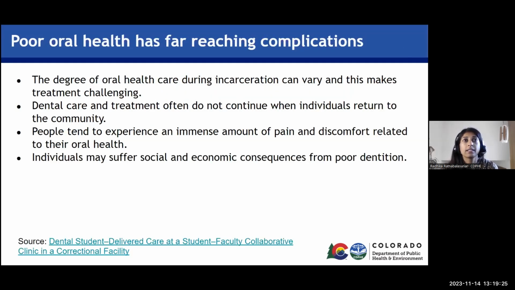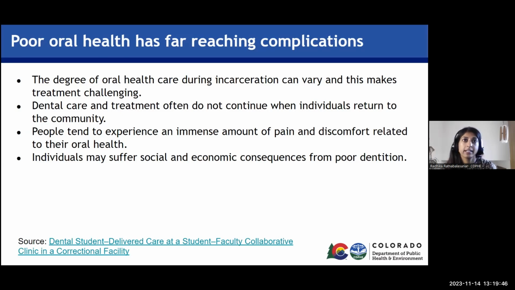Poor oral health has far-reaching complications. So we may think to ourselves, not as big of a deal as other things we might see that need medical treatment. But I really hope I can change your thinking on that, because poor oral health can result in severe infections, and it can also affect other things.